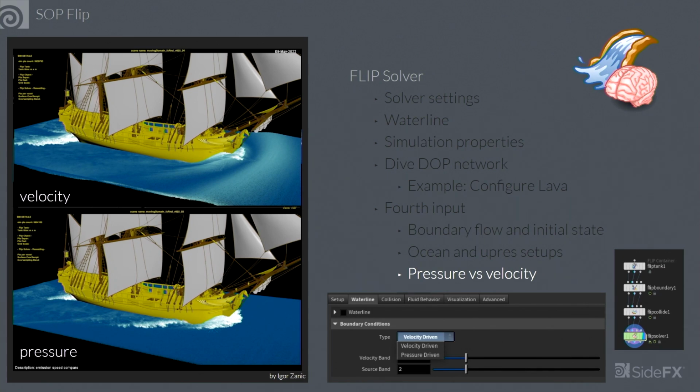It has to go around. And this creates this kind of unnatural bulge. But with the pressure boundaries, the water can naturally flow under the boat, and you don't get any unnatural bulge. So you can get a nicer result. But it's up to you to experiment with it and see what works best in your use case.